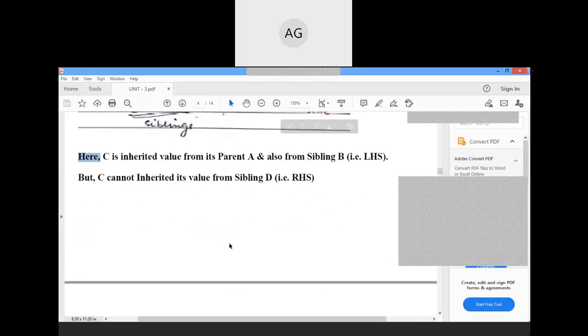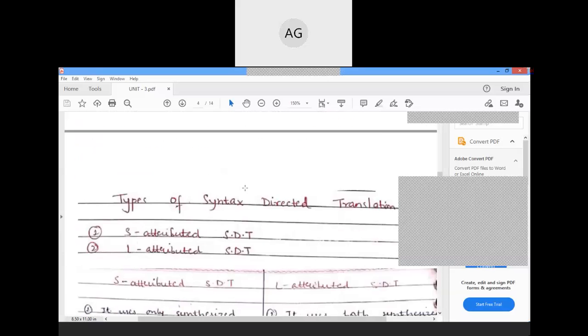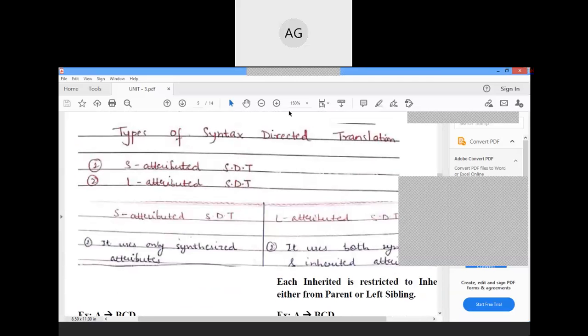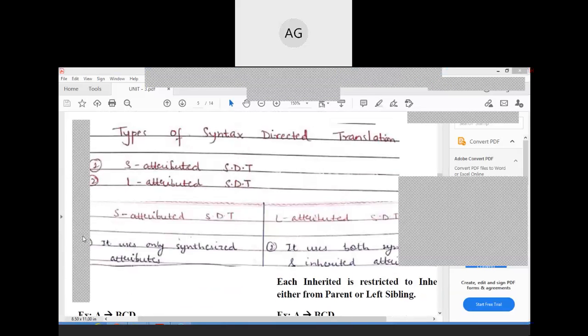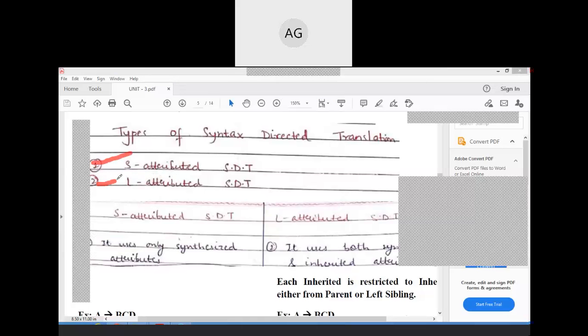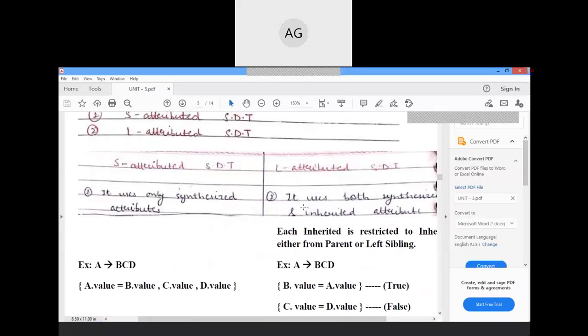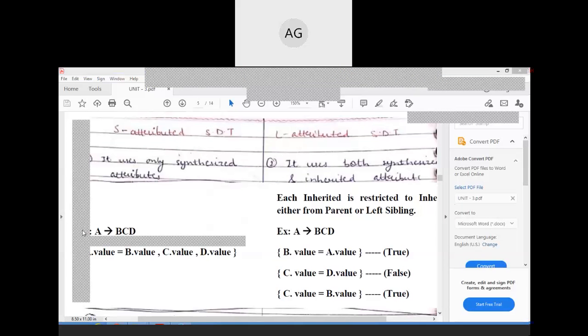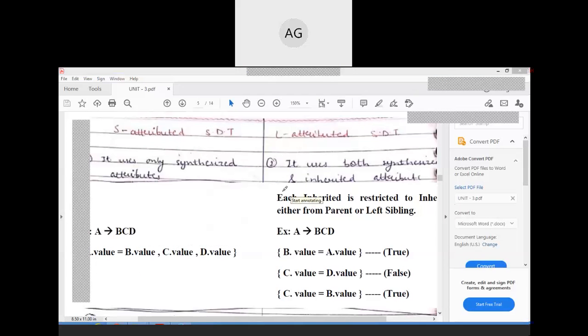So moving on to the next topic. Now the next topic is types of syntax directed translation, meaning S attributed syntax directed translation and L attributed syntax directed translation.